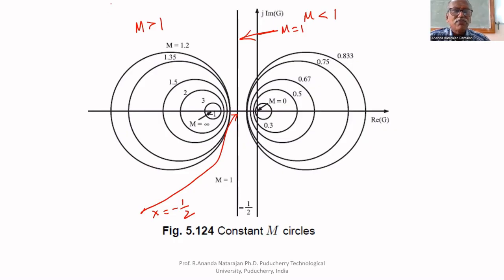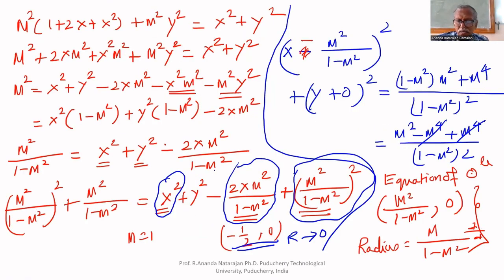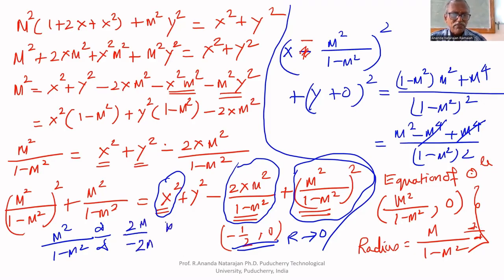So what will happen if m is greater than 1 and m tends to infinity? The center is m square divided by 1 minus m square. As m tends to infinity, you will get infinity by infinity. If you differentiate the numerator and denominator once, you will get 2m divided by minus 2m. Again infinity by infinity. If you differentiate one more time, you will get 2 by minus 2, that is minus 1.